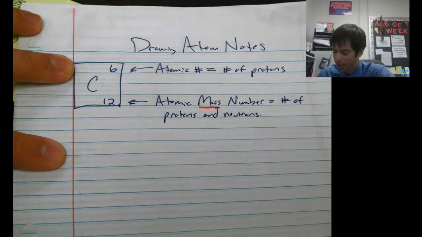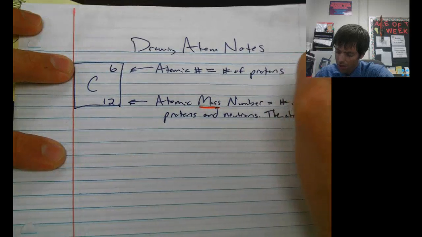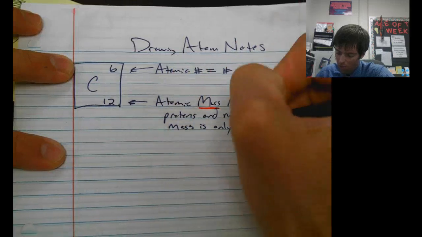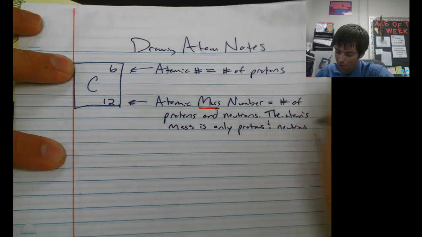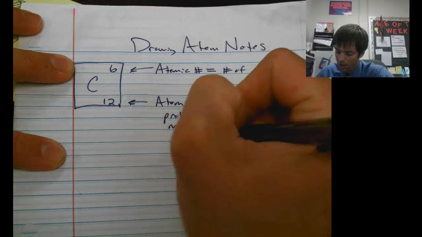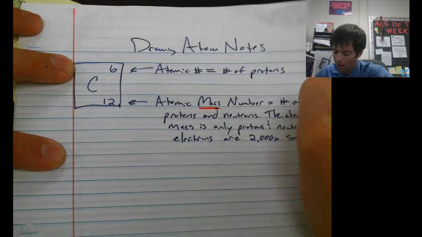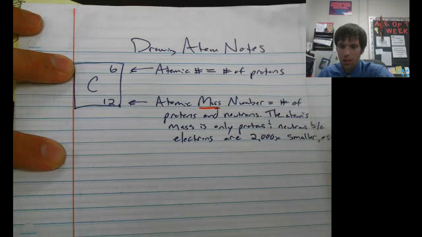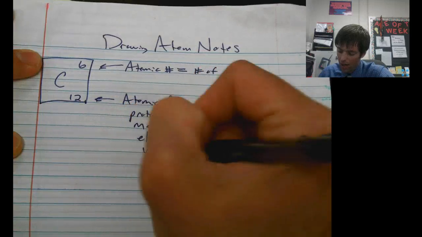And the mass of the atom, the atom's mass, is only protons and neutrons, because as you guys know, electrons are up to 2,000 or so times smaller, and so they essentially, I wrote over here, they essentially weigh nothing.